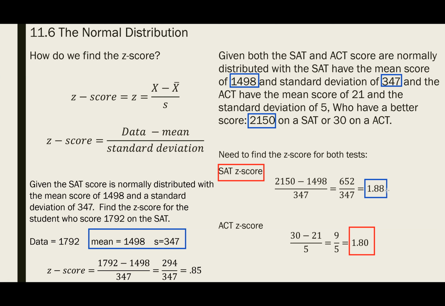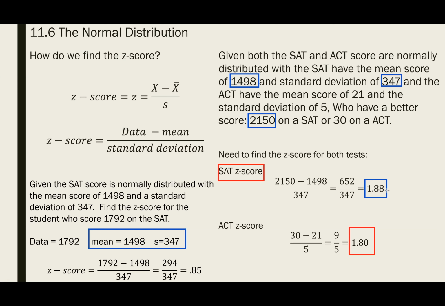So the z-score is basically the standard score for everything. The bigger the positive z-score, the better the corresponding position. Remember, we're looking for the position, right? And the bigger the negative, the worse the position, because you are below the average.